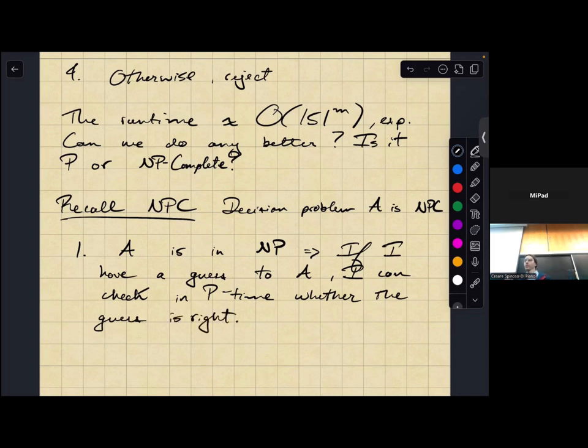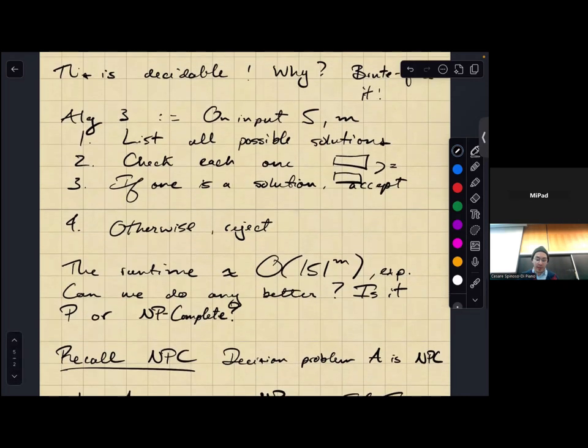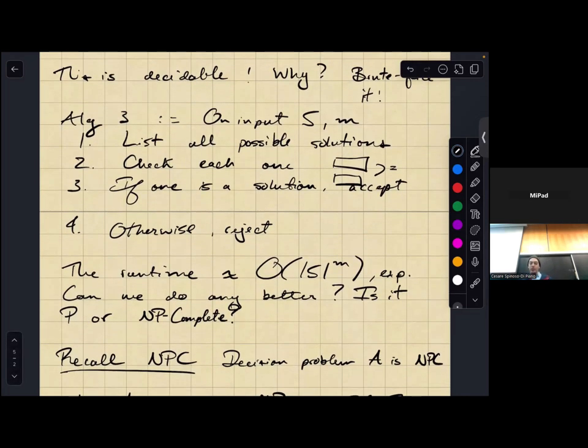This is what it means for something to be in NP: if I give you a guess, you can check in polynomial time. But most problems are in NP. Take sorting. I think I got a sorted list. Let me just check that it's sorted. I just checked that it's sorted, in O(n). In this question, I can also check the answer in P time.